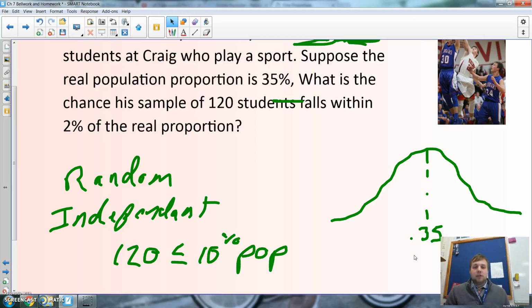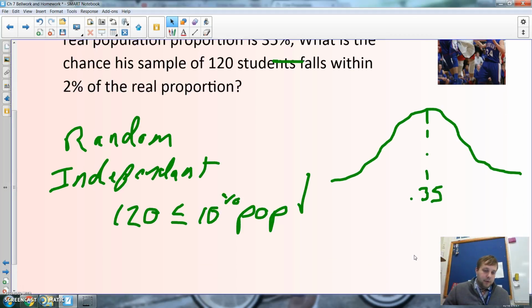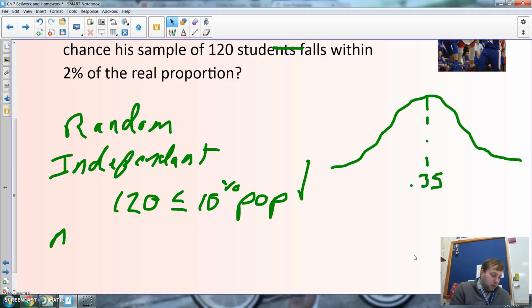Well, now the population at Craig is about 1,700. So, does that work? Is it less than 10% of the population? Check. All right. And then lastly, normal.